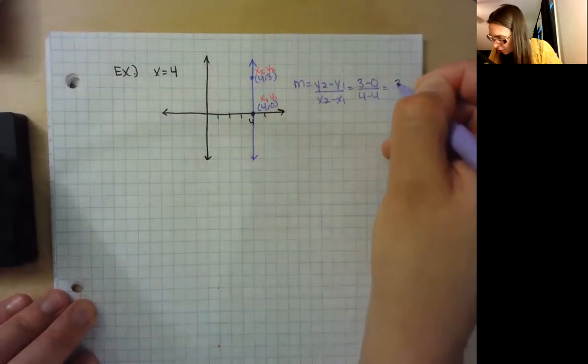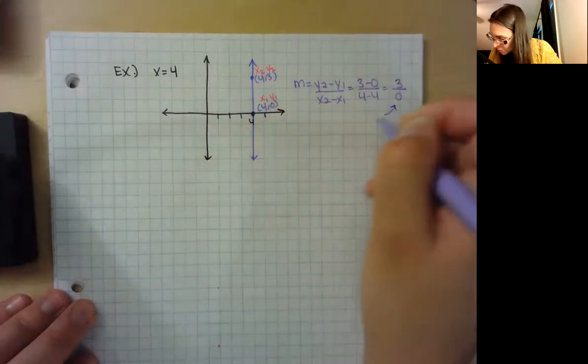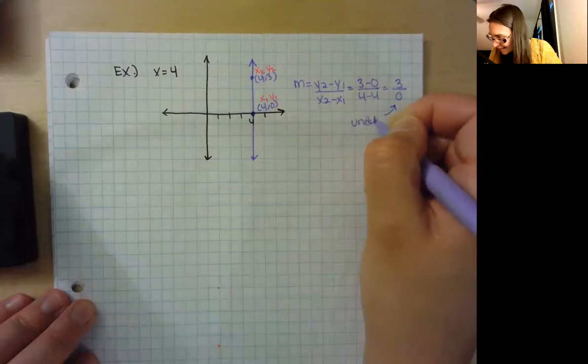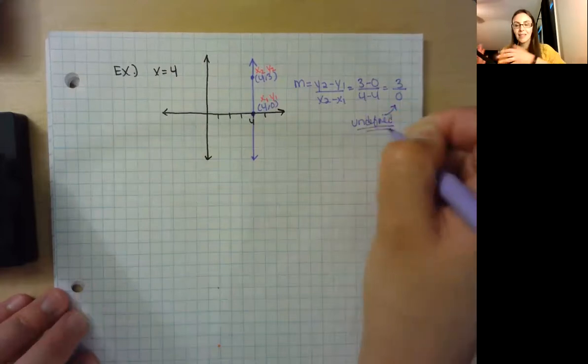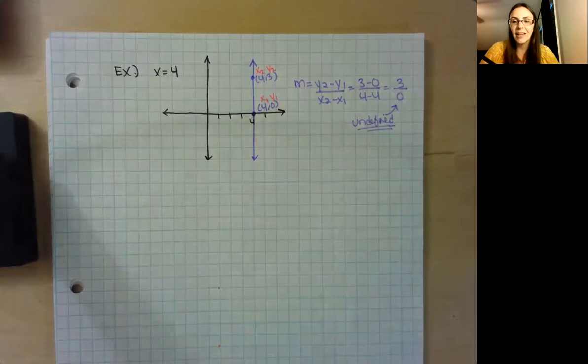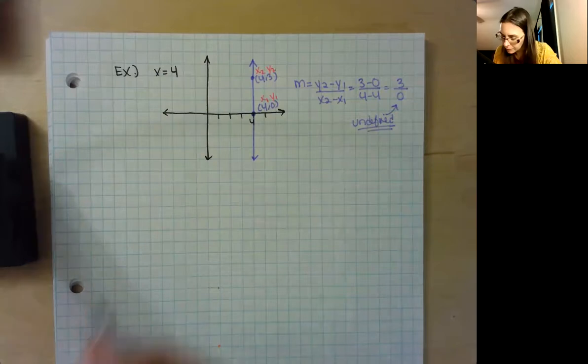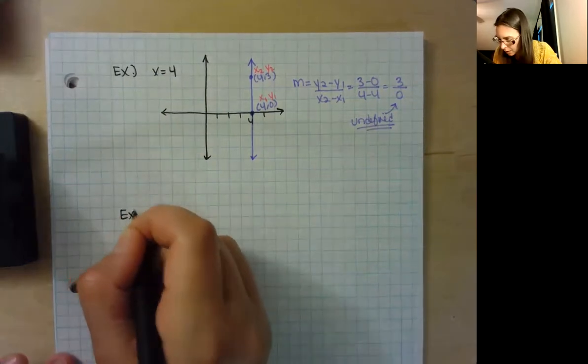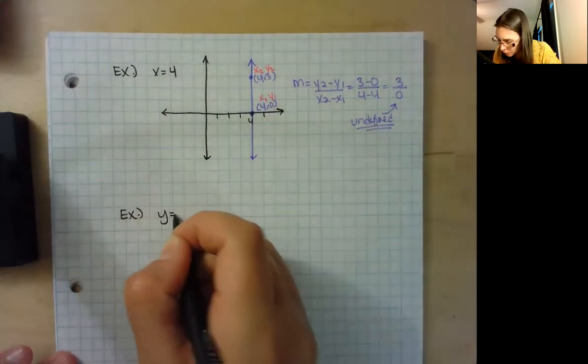I end up with 3 over 0. And remember that division by 0 is undefined. So this also works. I know we already said that vertical lines have undefined slope, but this is another reason why they're undefined. When we try to use 2 points, we get that division by 0. So you're going to see that in your examples. And if you have something like, let's do y equals 3.